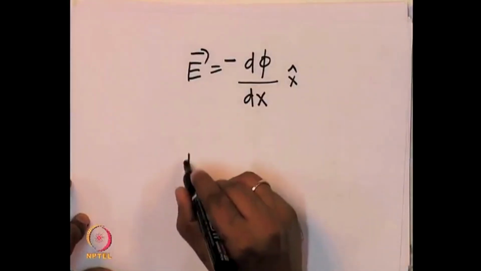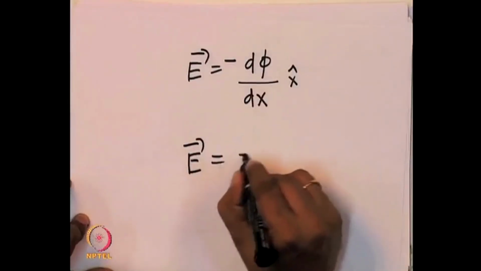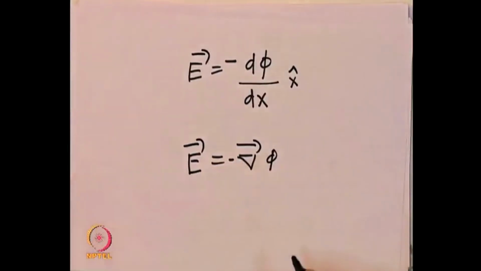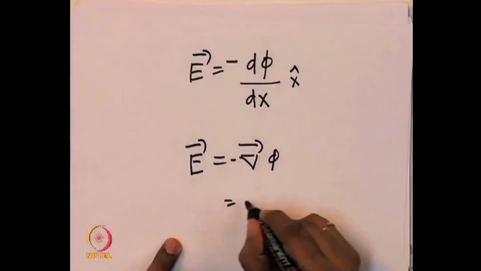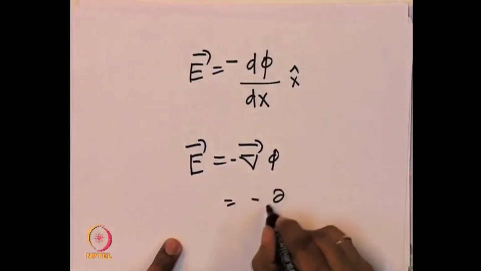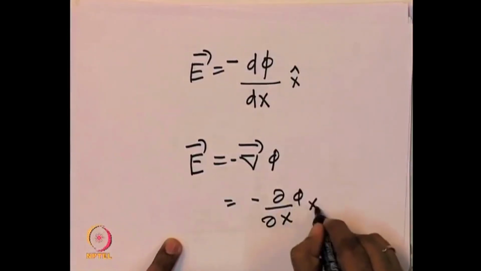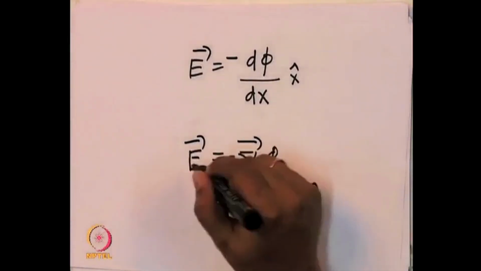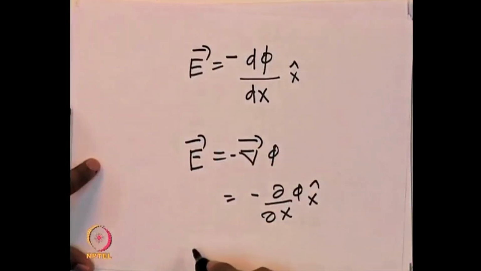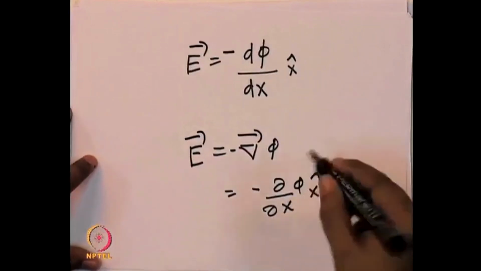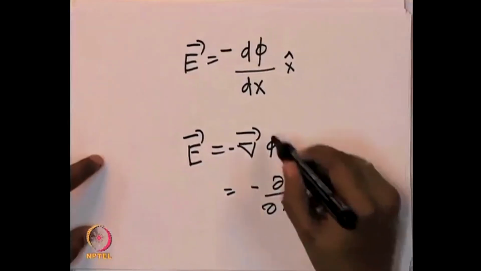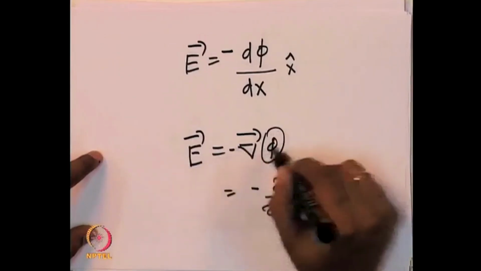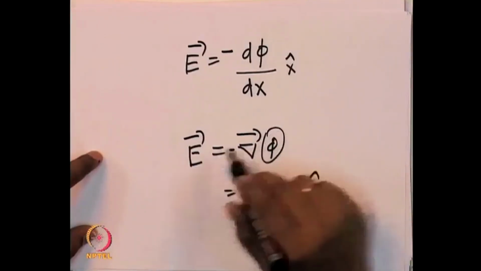In other words, E can be written as minus del phi, where del means minus del by del x of phi along the x. So, this is the electric field, where phi is the electrostatic potential, the potential energy. If you know the potential energy, the electric field and potential energy are related in this particular way.